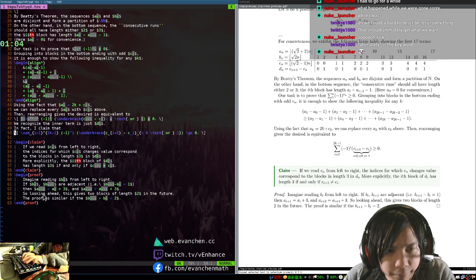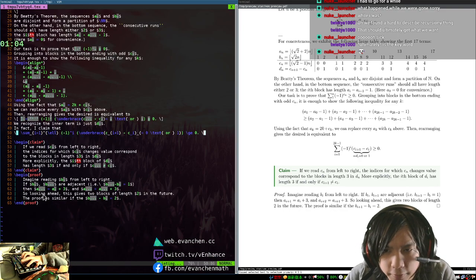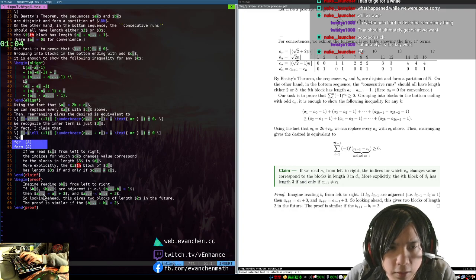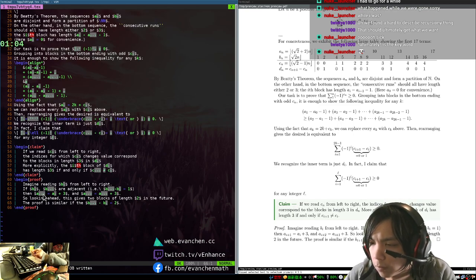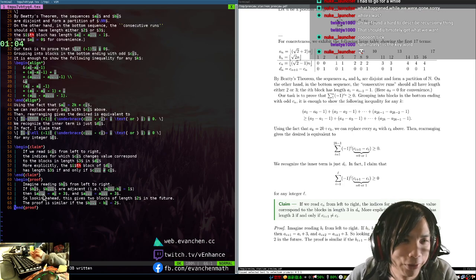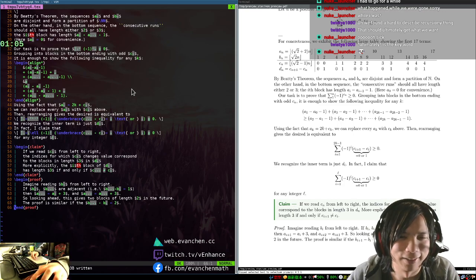So in fact, I claim that this thing is true for any integer l. Yeah, we found a very difficult way to describe the thing that was happening.